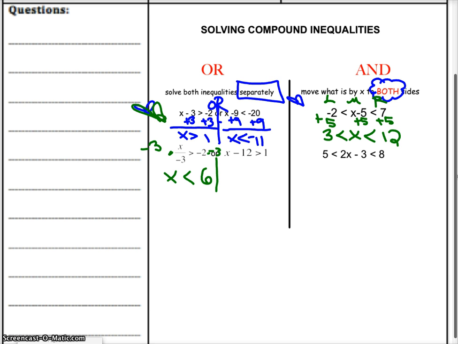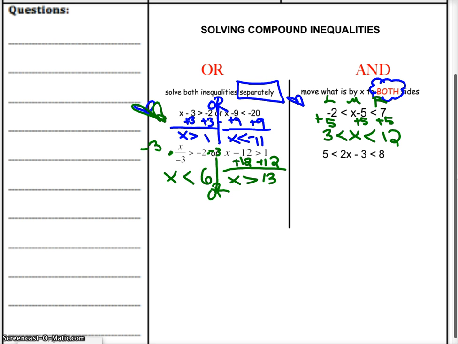Okay, my other part of this or compound, I have x minus 12. How do you move minus 12? Plus 12. And you get x is bigger than 13. Put the vocab word back in there at the end, because I want you to know that this is a compound inequality.